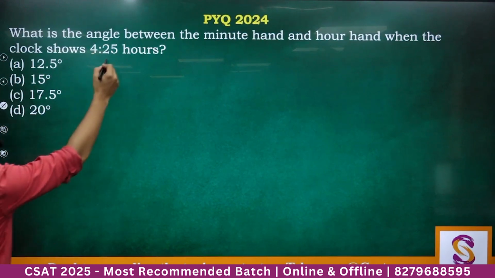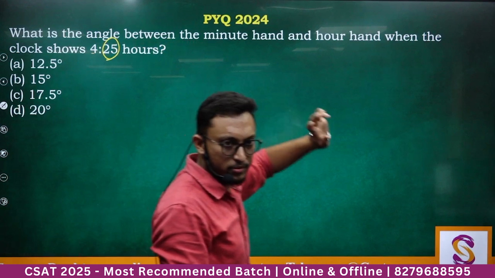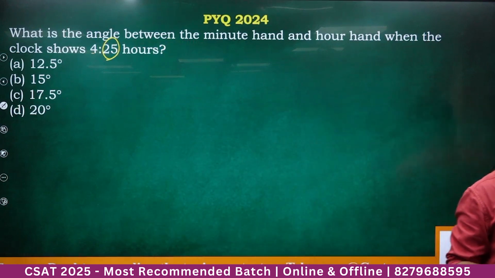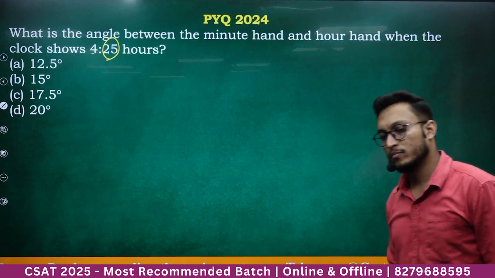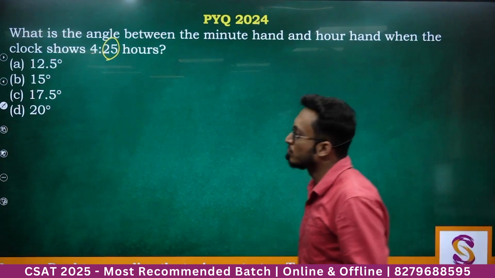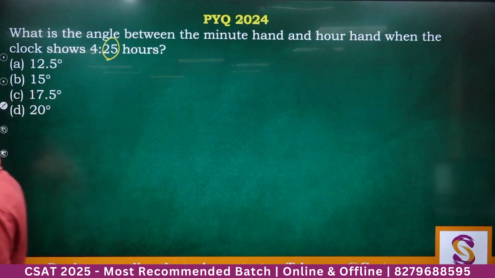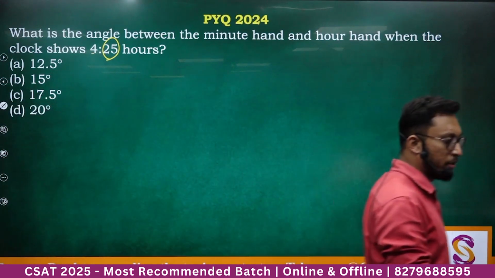See, I told you data will be given to you something like this. Do it orally, directly. Don't use your pen. Use your brain a bit. In the exam you don't have to do it orally, but here it's just for practice.